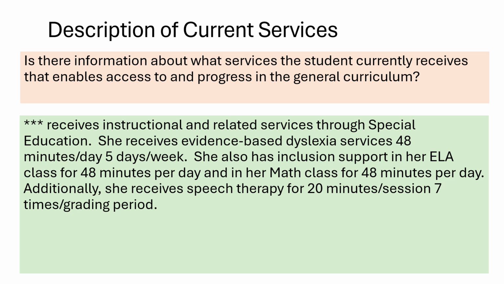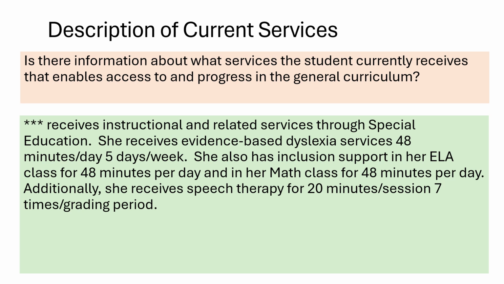So Blank receives instructional related services through special education. She receives evidence-based dyslexia services 48 minutes a day, 5 days a week. She also has inclusion support in her ELA class for 48 minutes per day and in her math class for 48 minutes per day. Additionally, she receives speech therapy for 20 minutes or 7 sessions per grading period.